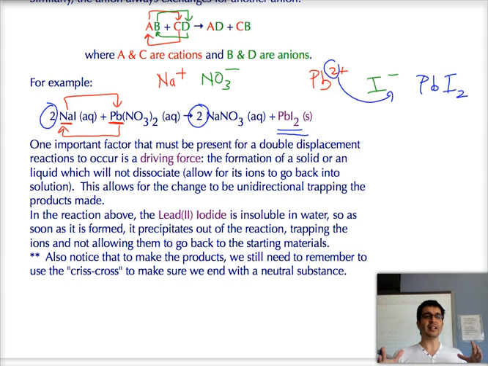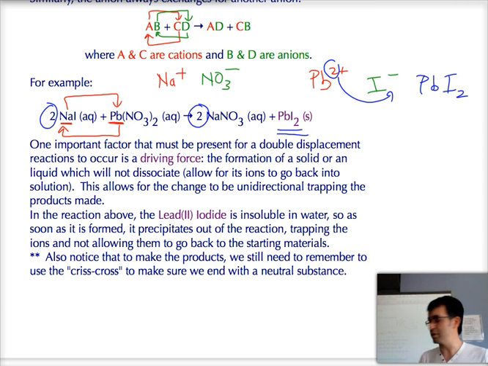All right? So that traps the ions in the products, and they cannot go back to make the reactants again. Okay? So in this particular case, the lead 2 iodide is the driving force, and remember, we always have to do the crisscross.